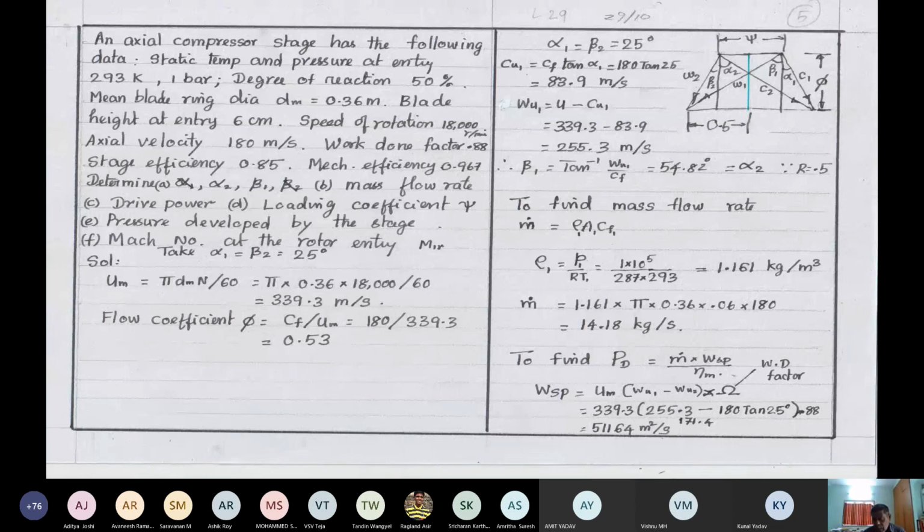So at the middle region, the Cf is more. The other regions very close to the walls, it will be less. So because of this, the amount of work input is reduced. So to take care of that, this is multiplied by a factor which is less than 1, and the number of stages will go up.